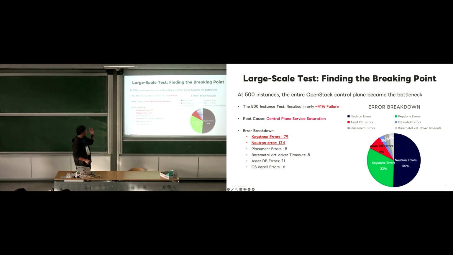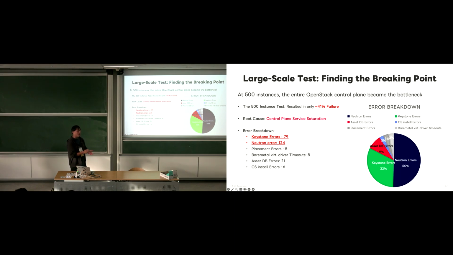However, in the next trial, we tried to create 500 instances at once. And as a result, as you can see, 41% of instance creation failed. This time, the root cause was control plane service saturation.